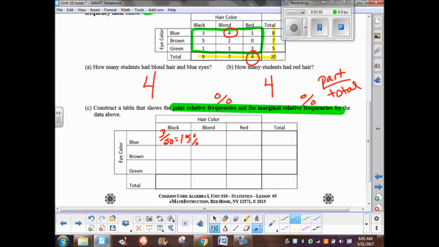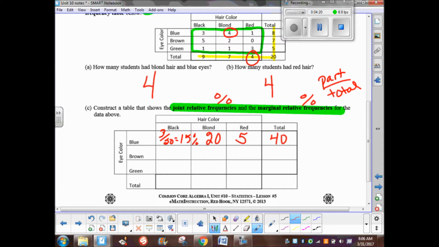So then the second one, what's the percent going to be for blonde hair and blue eyes? 20%. Okay. What about the next one? 5%. Okay. And what about this total out here, the marginal frequency? 40%. All right, go ahead, fill those in.